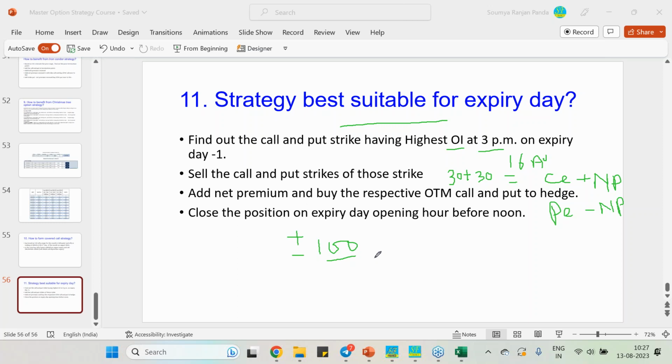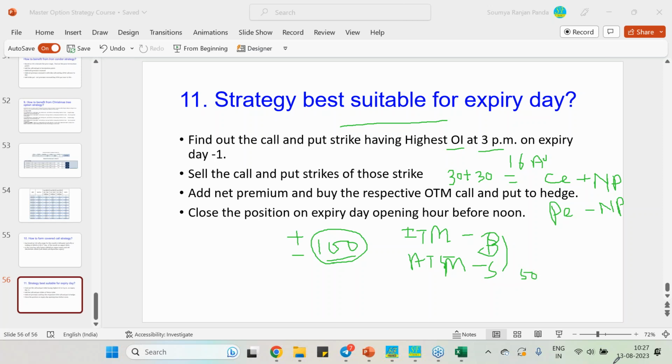With one hour left, sell the ITM strike, buy the one ITM strike, and sell the ATM strike, preferably in a 50-point gap, not more than that.